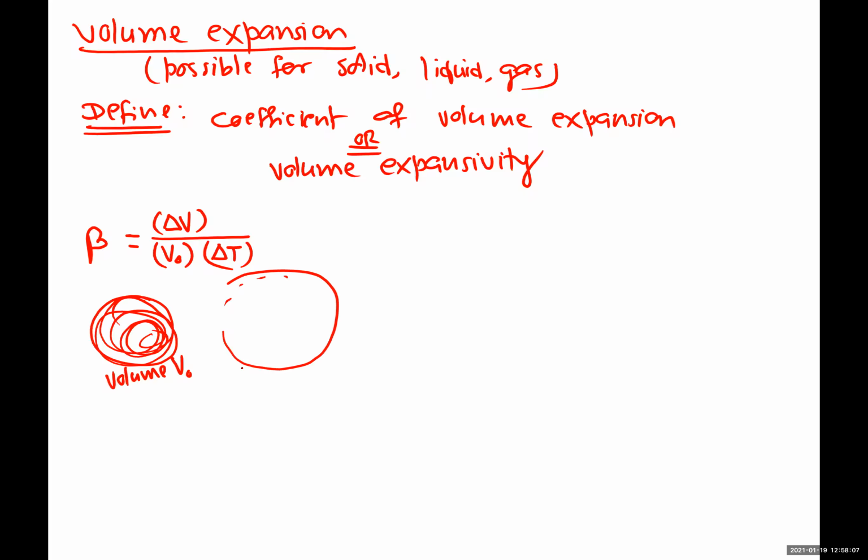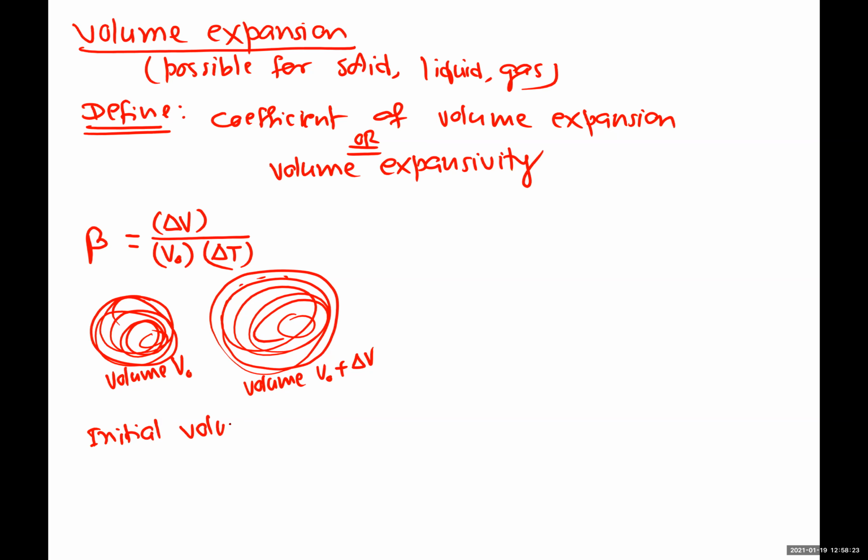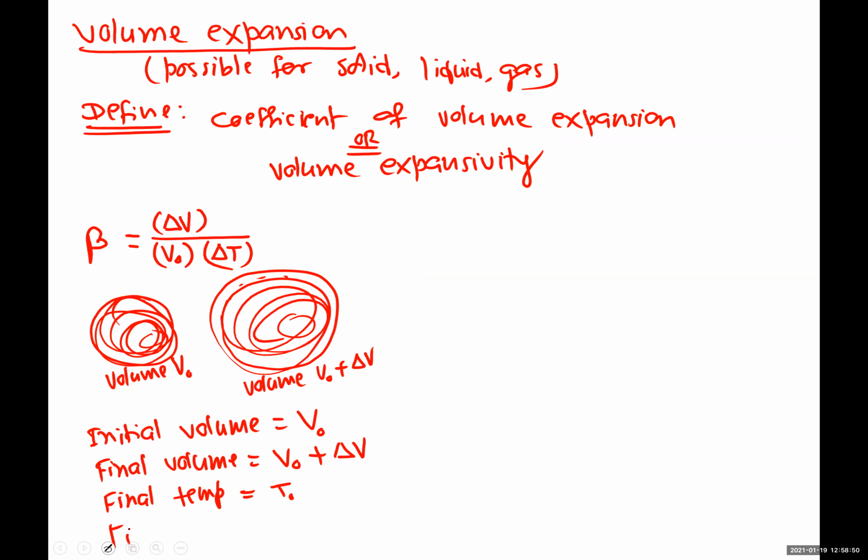When you heat it, it will become bigger, so its volume becomes V naught plus delta V. So the initial volume is V naught, and the final volume equals V naught plus delta V. The initial temperature equals T naught, and the final temperature will be T naught plus delta T.